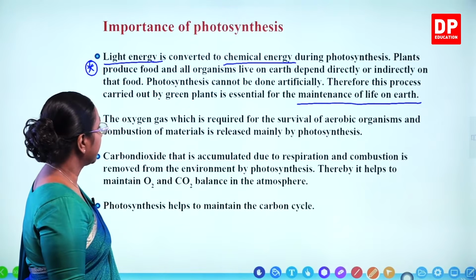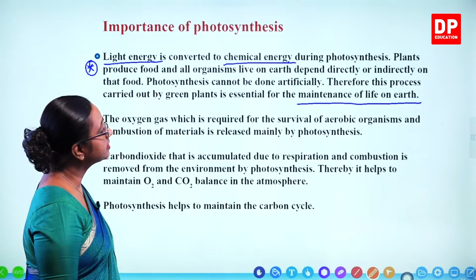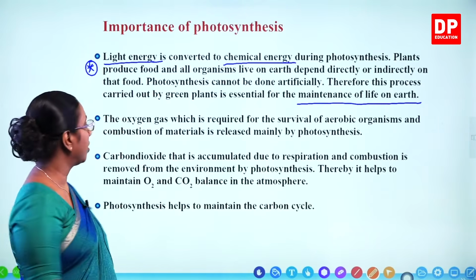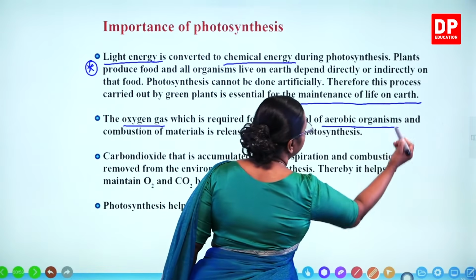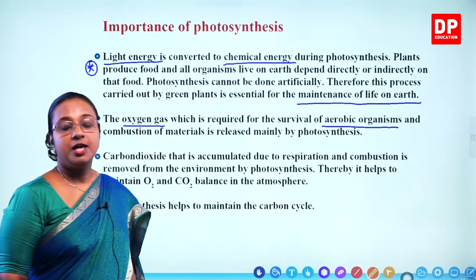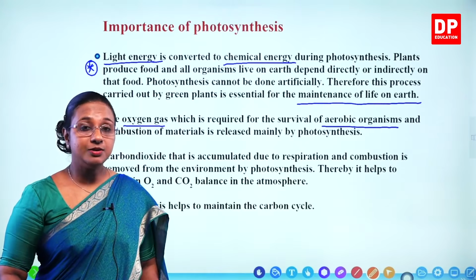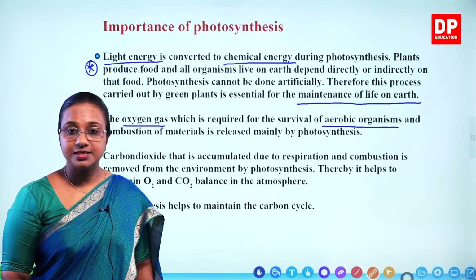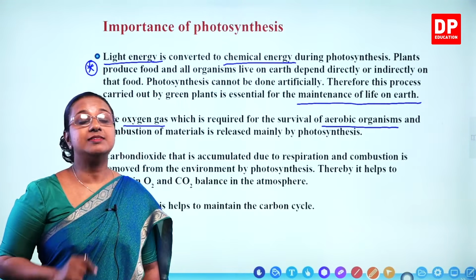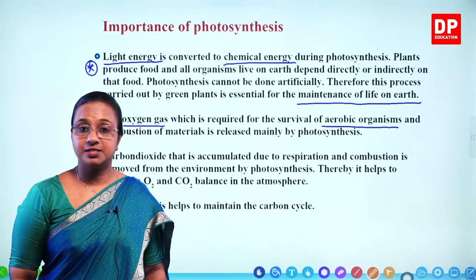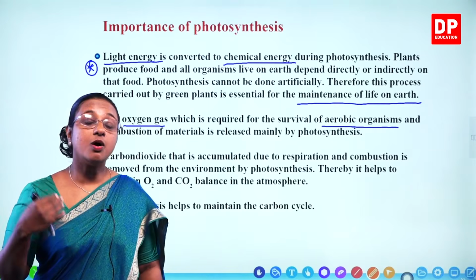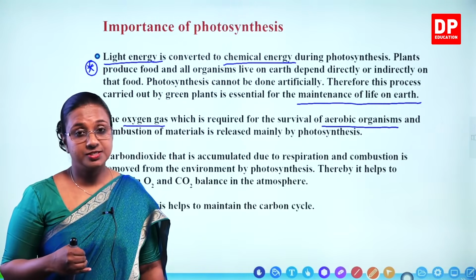The oxygen gas, which is required for the survival of aerobic organisms. You know what aerobic organisms are. We have discussed cellular respiration to a certain extent. You all know inside the mitochondria, it is aerobic respiration that takes place. For this, the organism needs oxygen.